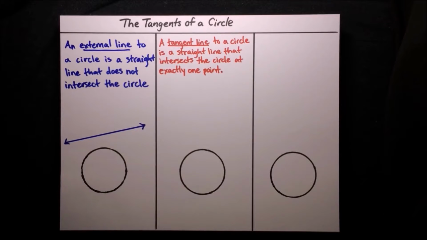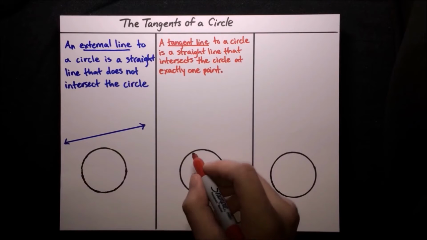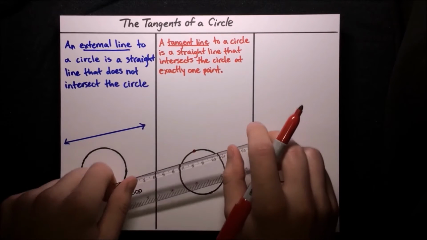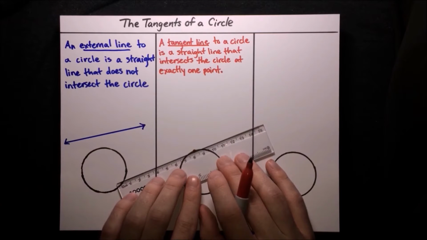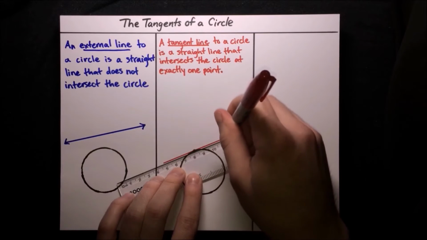So why don't we go ahead and draw a tangent line to this circle? It intersects the circle at exactly one point, so why don't we make it run through, say, this point right here. So we'll have our tangent line running through that point, and it'll look something like this.